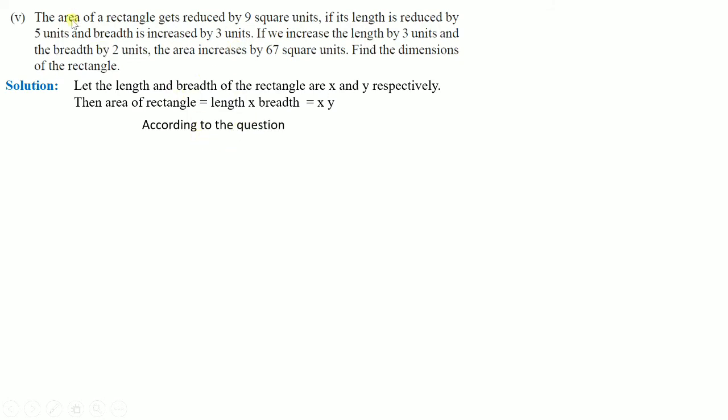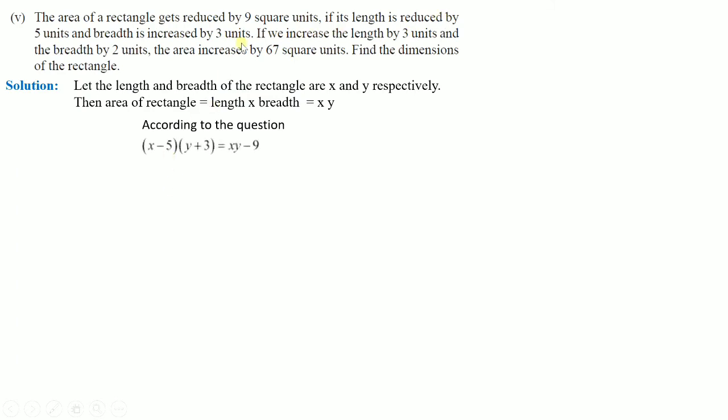Now the question says the area of the rectangle gets reduced by 9 square units, meaning xy minus 9, when its length is reduced by 5 units, that means x minus 5, and the breadth is increased by 3 units, so that means y plus 3.